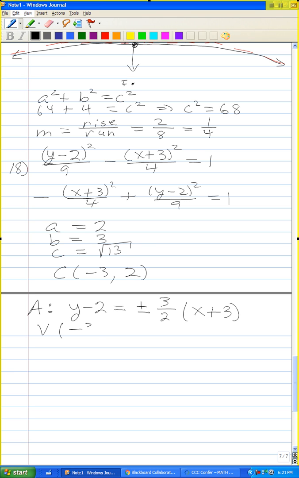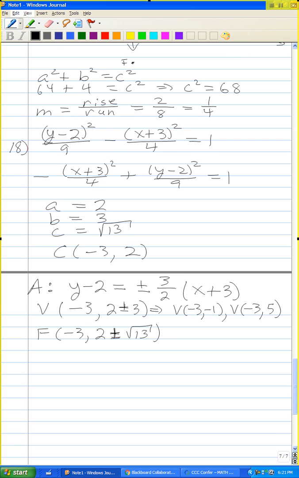And so negative 3, 2 plus or minus 3, which I should write as negative 3, negative 1, and negative 3, positive 5. So those are my vertices. The foci are located at negative 3, 2 plus or minus rad 13. You can't really simplify that because you don't know what the square root of 13 is equal to exactly.